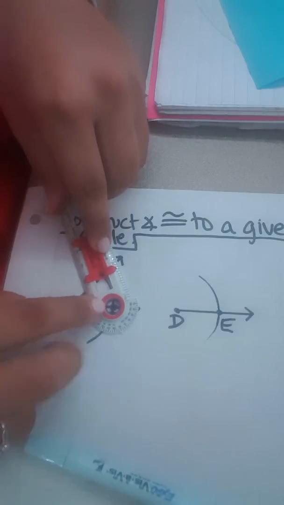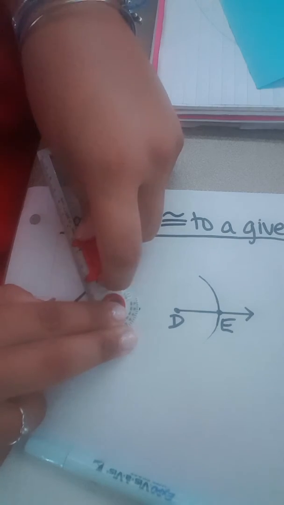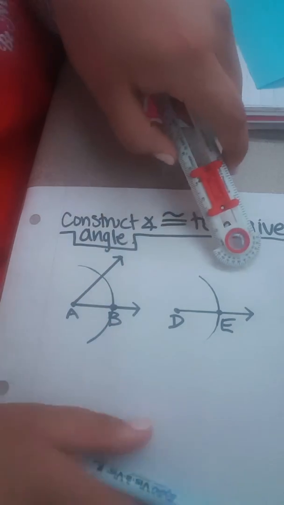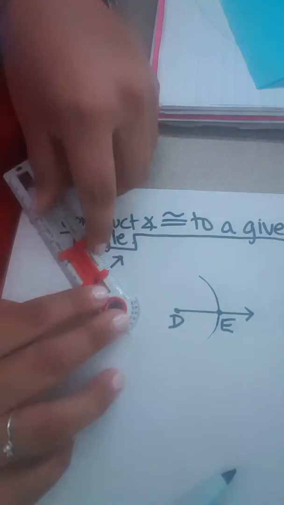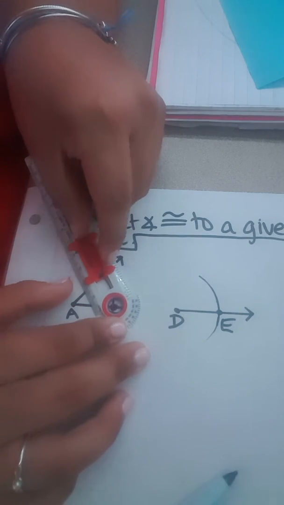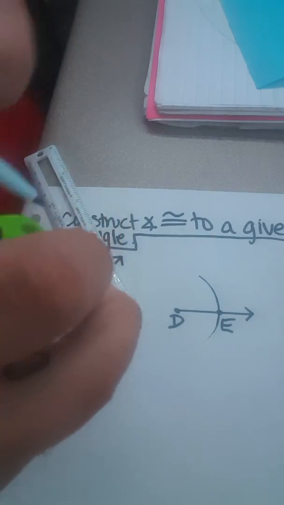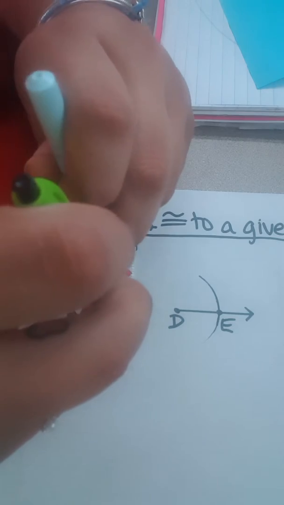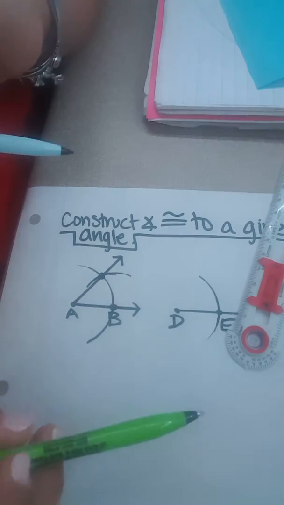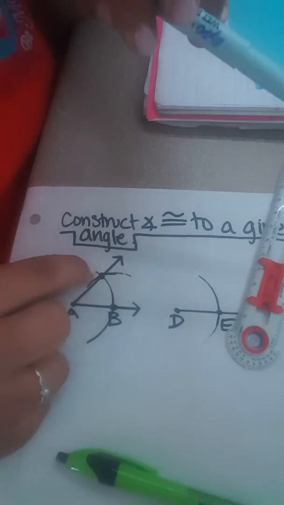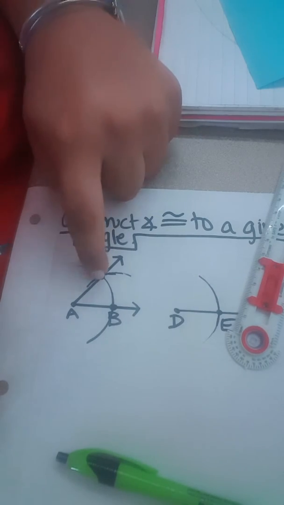We're going to put it on B and move this around until it meets that. To make it easier, I'm going to put a point right there so that it's easier to see through my little hole. Now that I have my point location, I'm going to make another arc. I know my little arcs are a little rusty, but it serves the point because it's bold where I need it to be, which is right on that intersection.